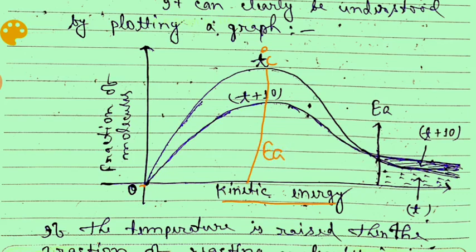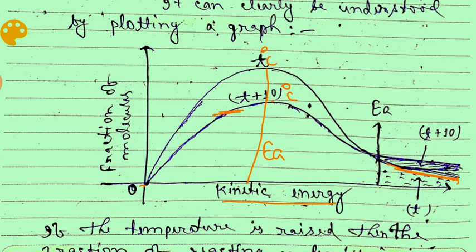And the product formed here will be clearly seen. The lower graph indicates the product formed. If temperature is raised by 10 degrees Celsius, this curve indicates the reaction at T plus 10 degree Celsius. What happens? Again product is formed.